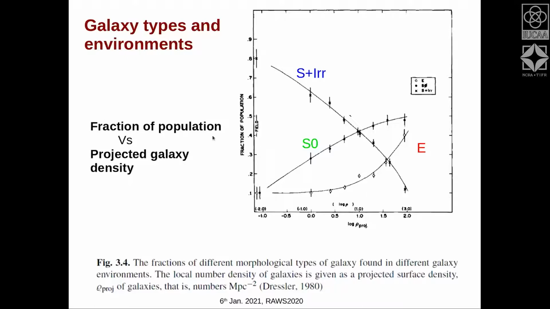This strongly implies a link between the type of galaxy and the environment. The environment must be doing something to the galaxies in order for them to become elliptical or S0s, and something is happening to spirals so that they are disappearing as they go into high density environments.